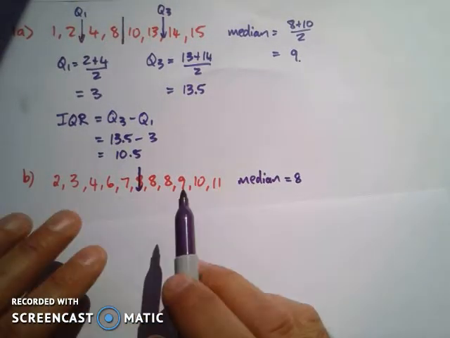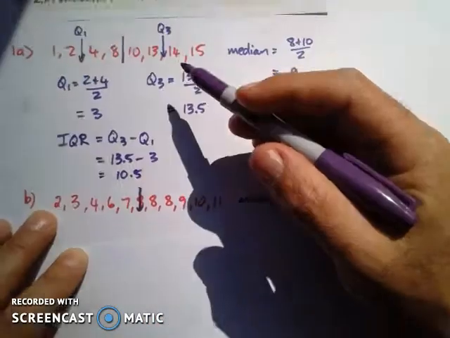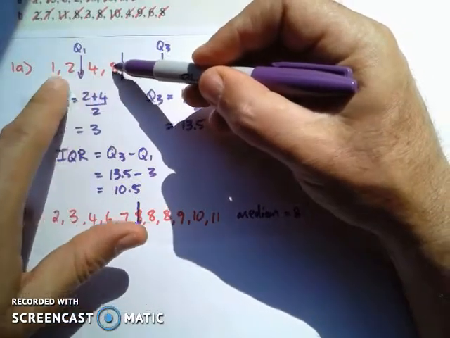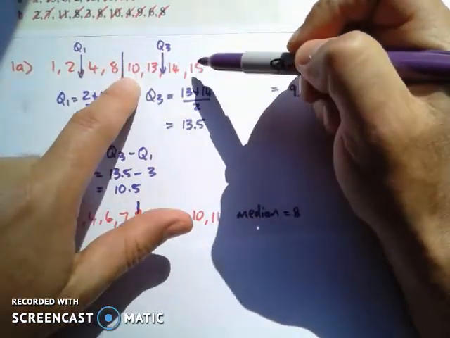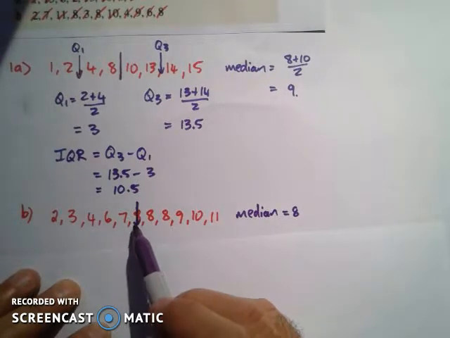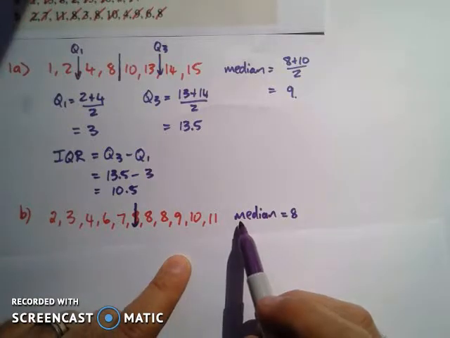So I'm just going to use the values, leaving out 8. In the previous example, the median was between two values, so we used the 8 at the bottom and the 10 at the top. In this case, the median is on a value, which means it's not part of the bottom, it's also not part of the top.